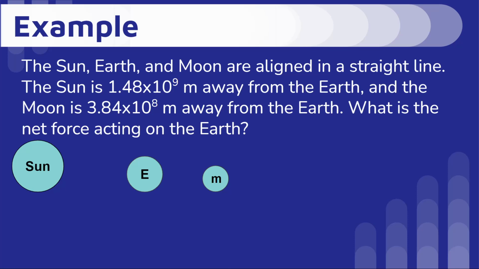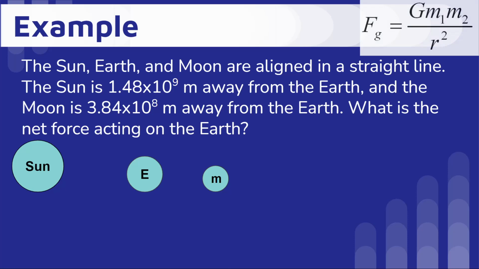Because both of them have large masses, both of them are going to be exerting forces on the earth, and so the earth's going to be pulled in either which direction. So I'm going to show those forces. I'm going to show the force of the sun on the earth, pulling it to the left, and the force of the moon on the earth, which would be pulling to the right based on the way I drew my picture.